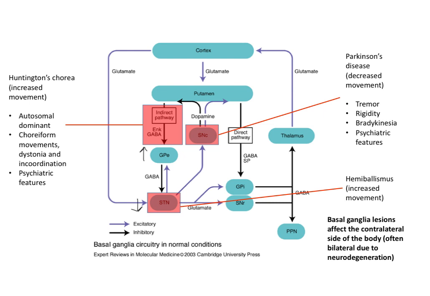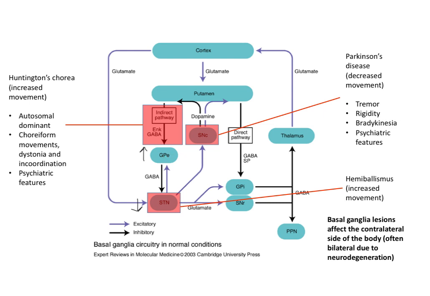If the subthalamic nucleus activity drops, it means it's not stimulating the internal segment of the globus pallidus as much, meaning that this structure is not inhibiting the thalamus adequately, meaning that thalamic activity increases, cortical activity increases, and hence movement increases.